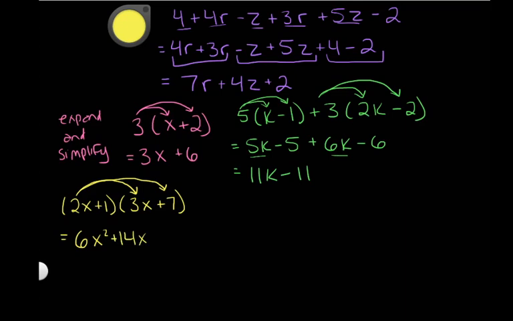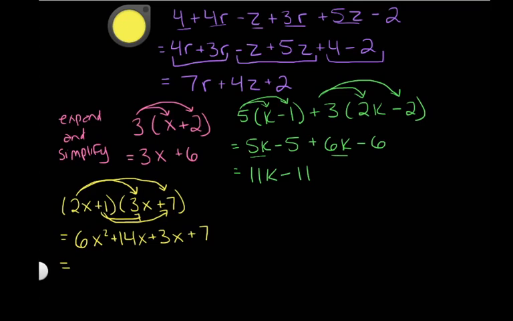Now I've got to do the next term, so I'm going to go under the bracket. So 1 times 3x is going to be 3x, so plus 3x. And 1 times 7 is 7, so plus 7. Now I want to combine those like terms. This is the last part of the question.